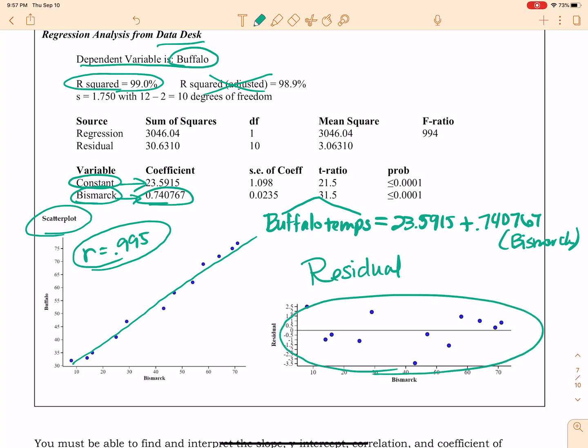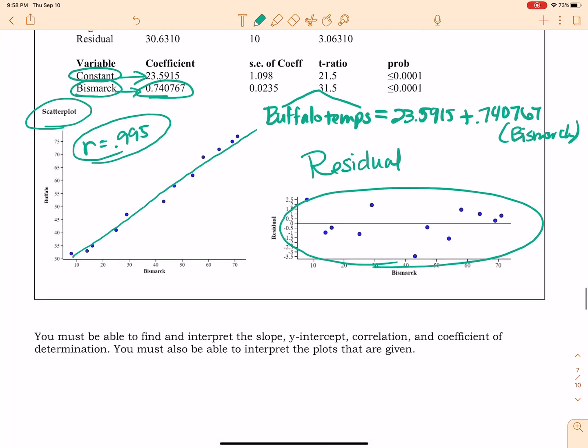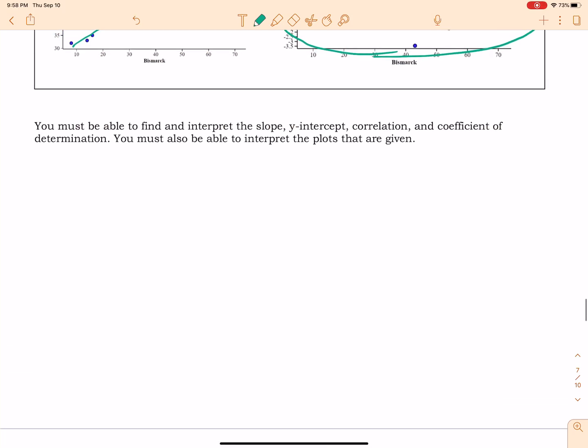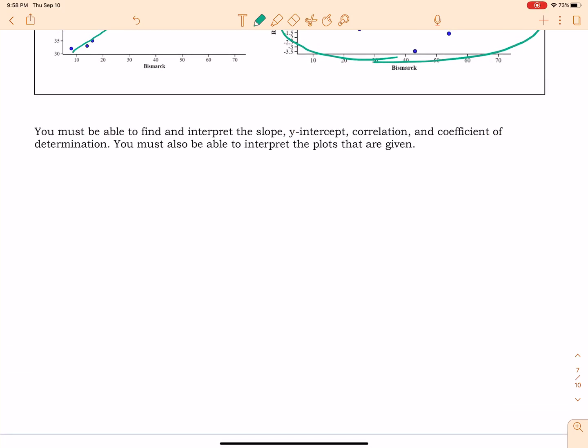A linear model is an excellent fit for this data. That's what all of that tells you. Magical. All right, so I am going to interpret some of this stuff in another video because this one's already too long.